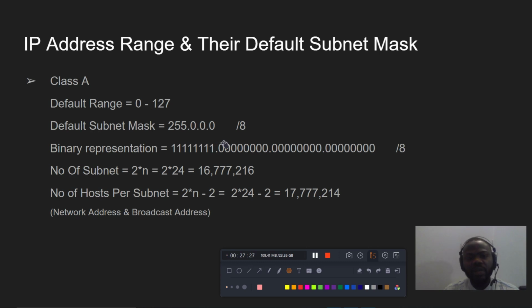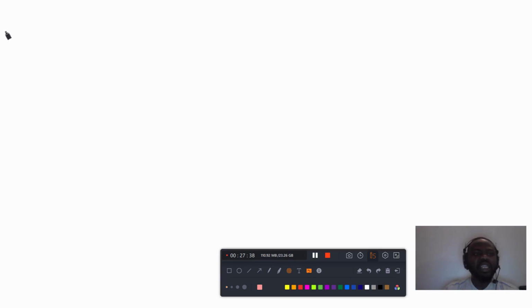Let me explain that to you a bit more. What this default range means is that anytime you are given an IP address and that address starts with a number from 0 to 127, that's the range for class A.